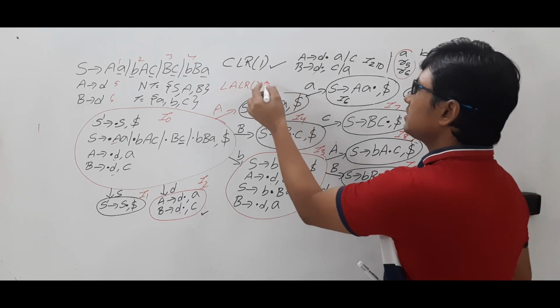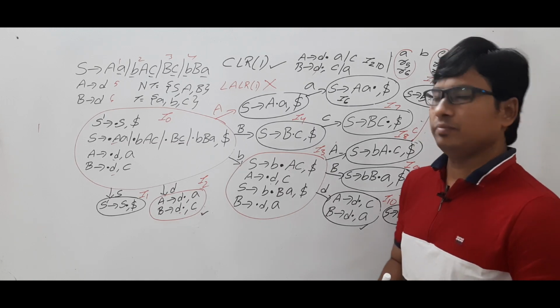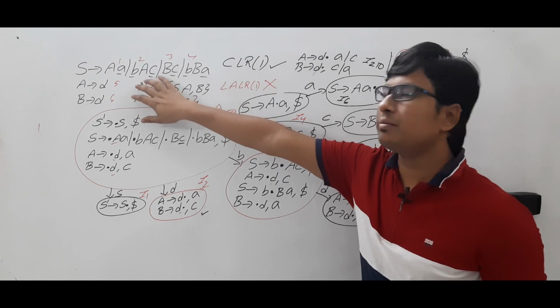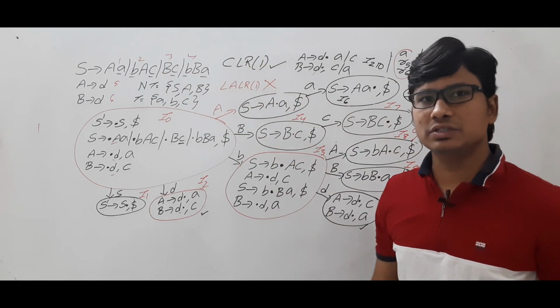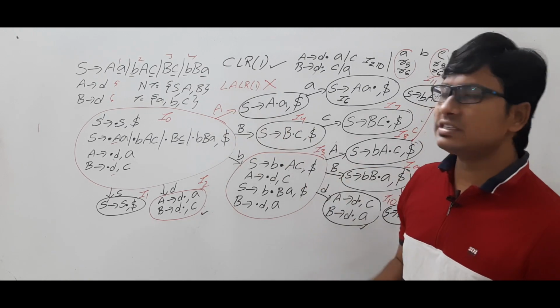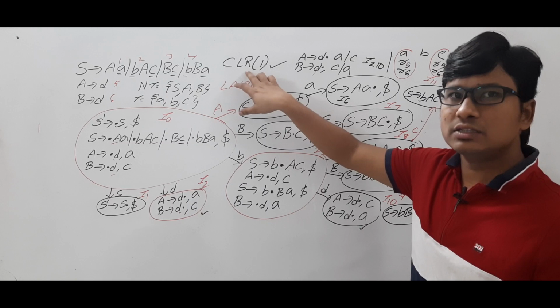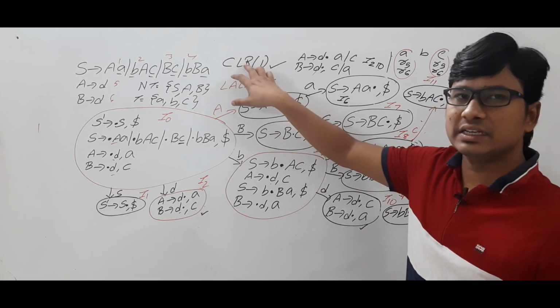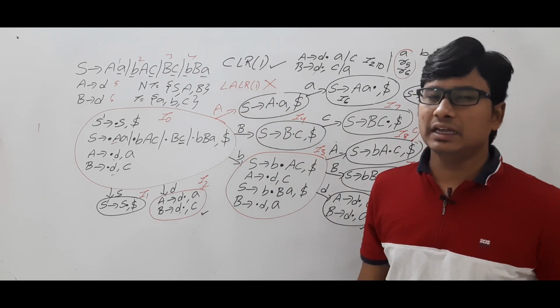So I can say that this is not an LALR1 grammar. I can say that this grammar cannot be parsed using LALR1 but can be parsed using CLR1. With this example, you can understand that CLR1 parses more grammars as compared to LALR1. So we can say that CLR1 is more powerful as compared to LALR1.